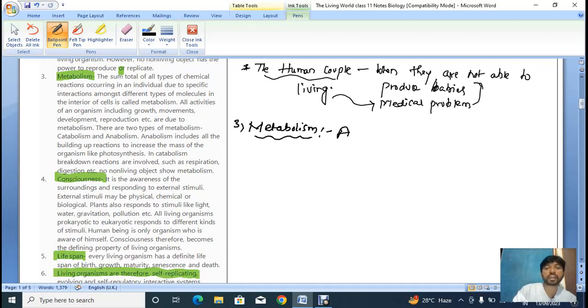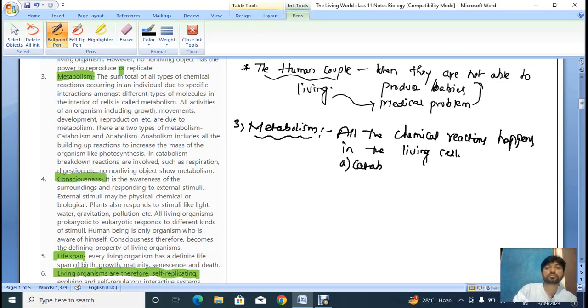All the chemical reactions that happen in the living cell come under, or are called, metabolism. It is of two types, catabolism and anabolism.